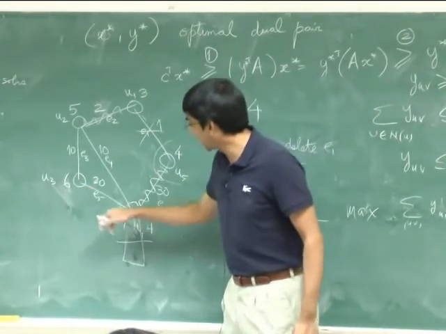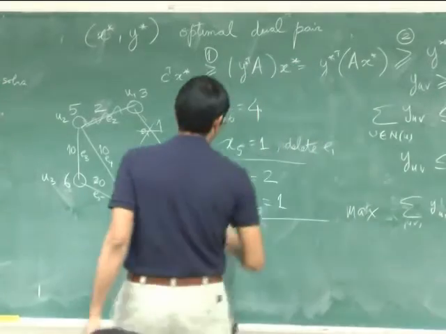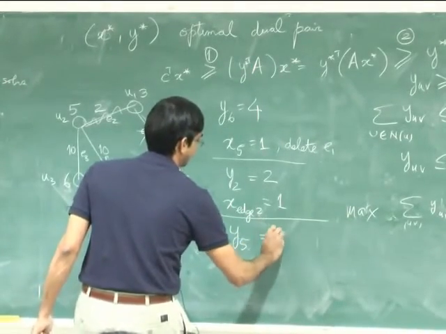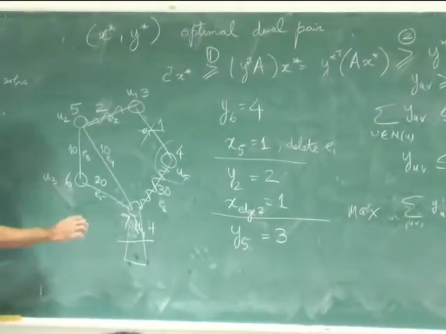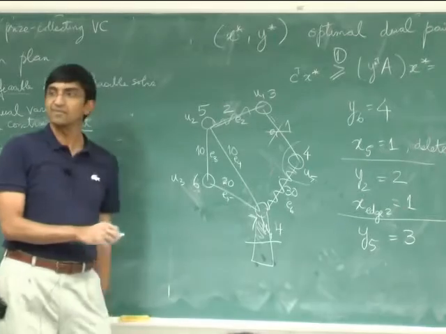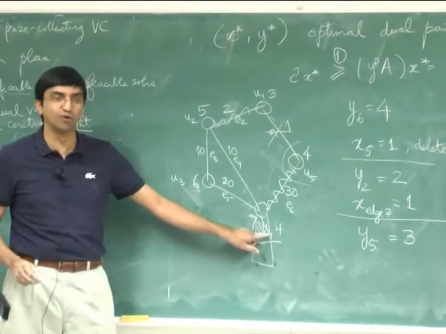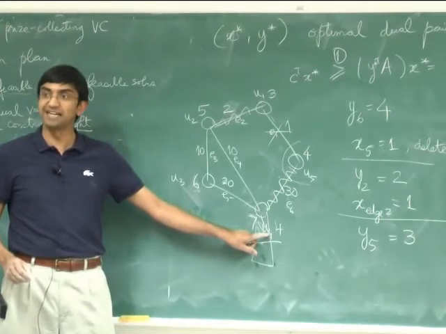So Y5 can only be made 3. Okay, so Y5 is now made 3. At that point, which constraint becomes tight? This guy, that vertex. That is vertex U4. U4 becomes tight at that point.